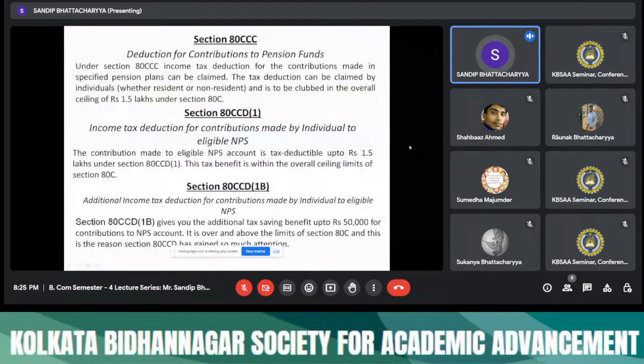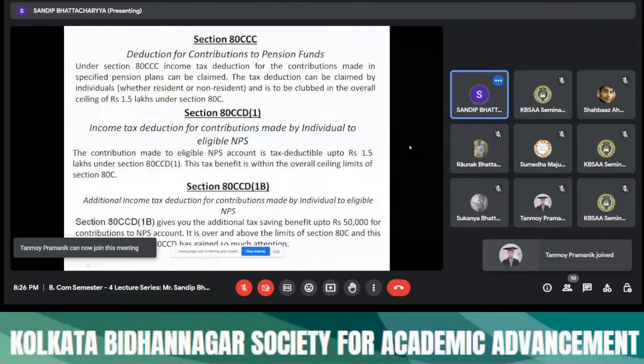If you contribute to any national pension scheme and you are eligible for this benefit, you will get additional rupees 50,000, not flat. Please underline this, not flat, up to rupees 50,000, apart from the 1,50,000.